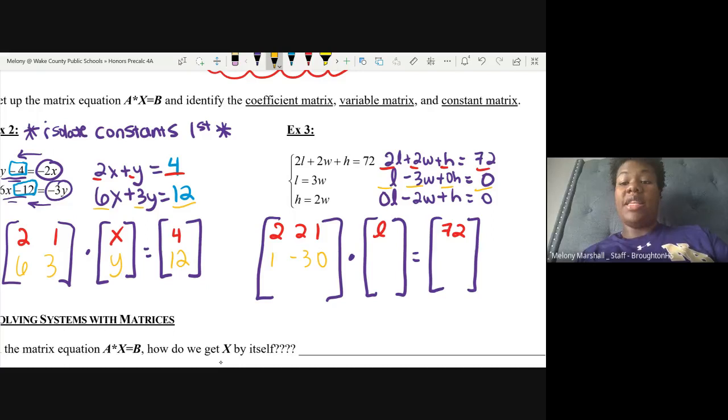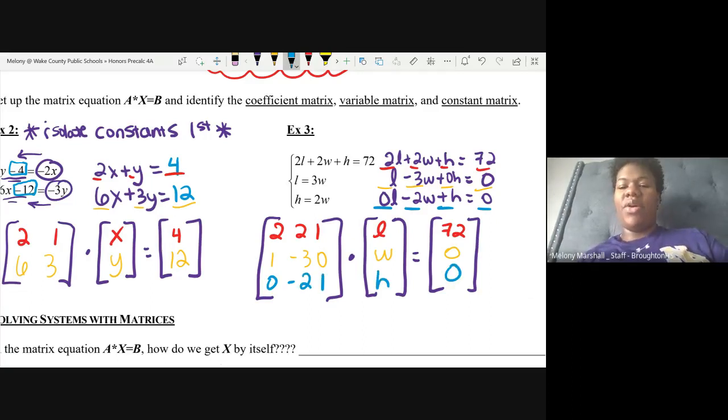And in the middle, this time is W and the 0 on the end. And then 0, negative 2, 1. And H is at the bottom, 0. And that is how you successfully set up a matrix system of equations.